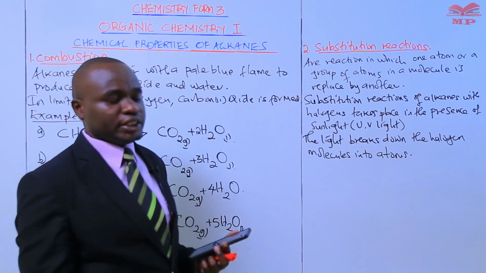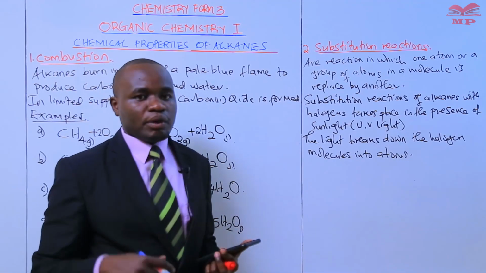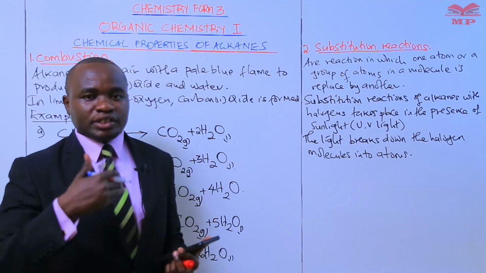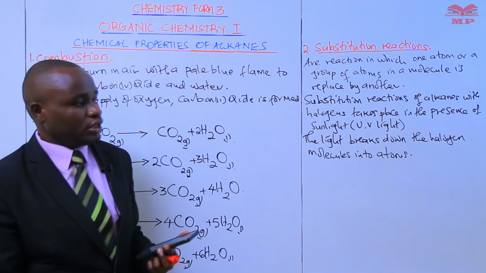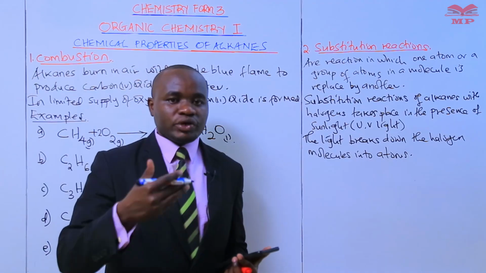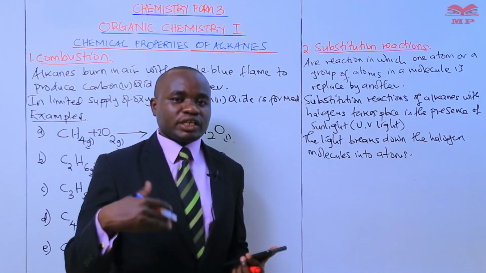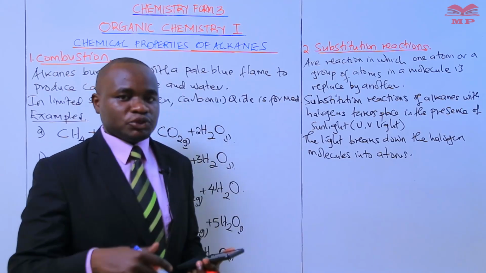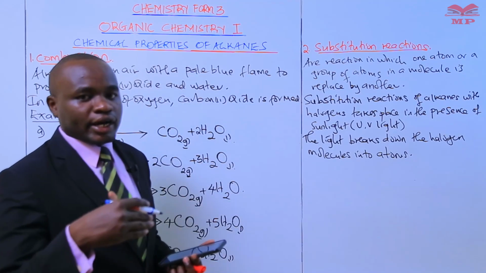But in the presence of sunlight, the reaction is possible. And we need to know that this substitution takes place in stages. Remember, you are replacing the hydrogen atoms in an alkane. So the reaction takes place until all the hydrogen atoms have been substituted. So it occurs in 4 steps.